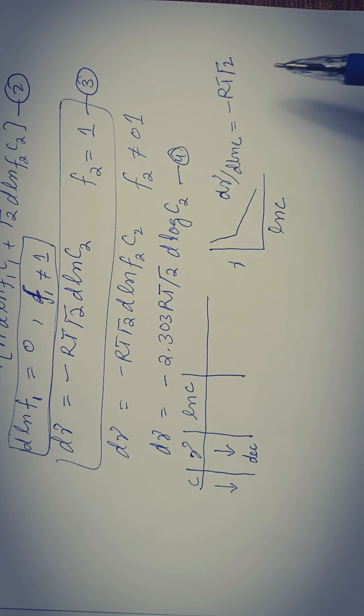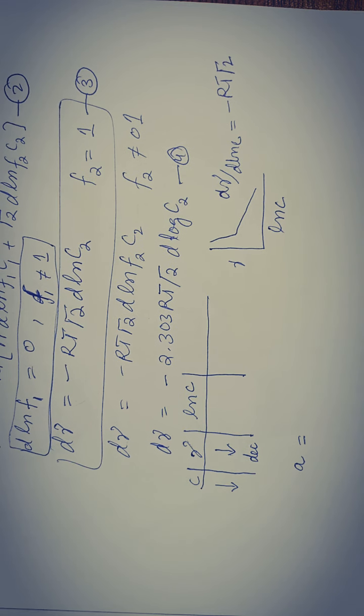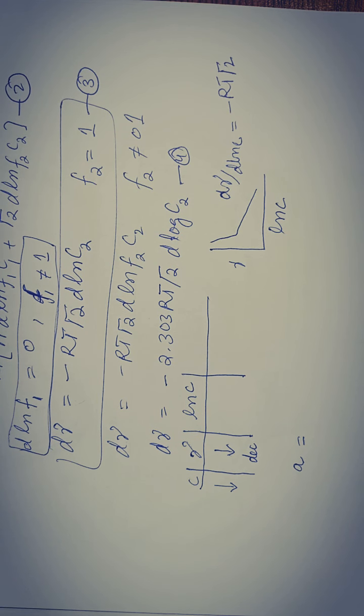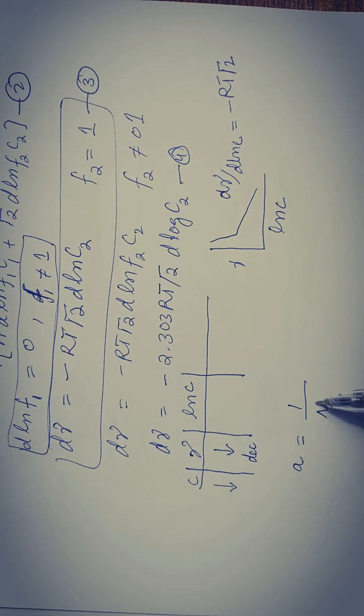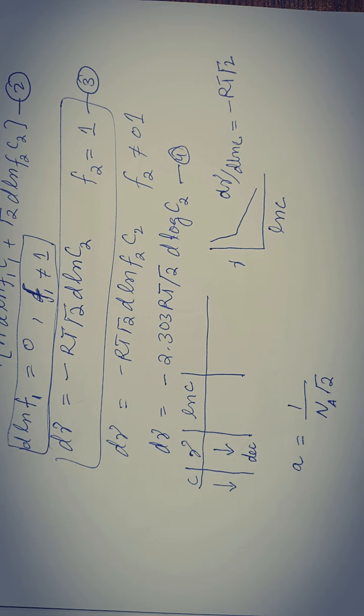Using this surface excess concentration, the area of the surfactant can be calculated using the relation, that is 1 over Na, where Na is Avogadro's number, and the surface excess concentration. The unit of surface excess concentration is mole per meter square, whereas the unit of Avogadro's number is per mole. So overall the unit of this equation is meter square.